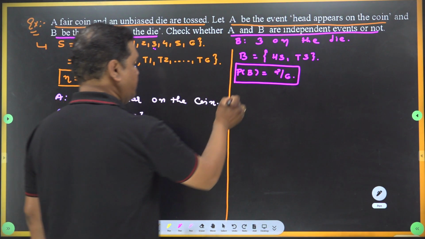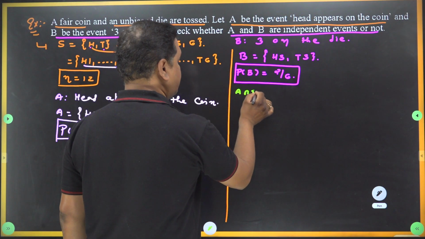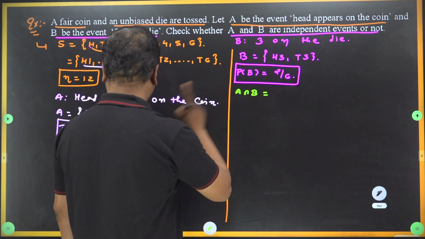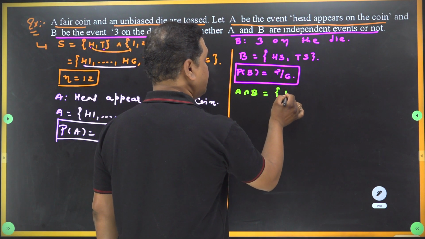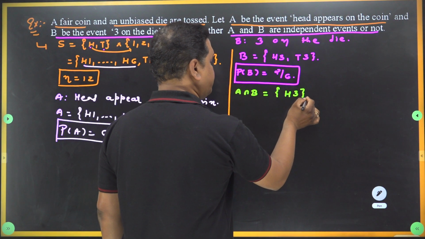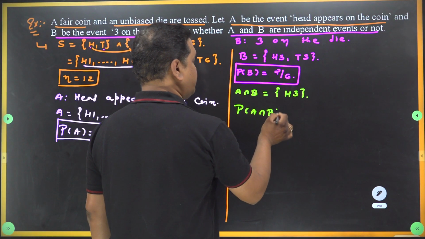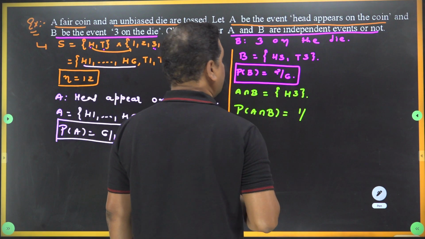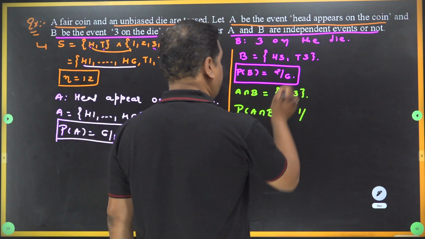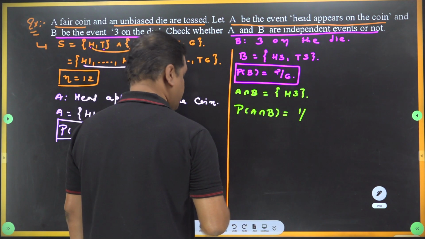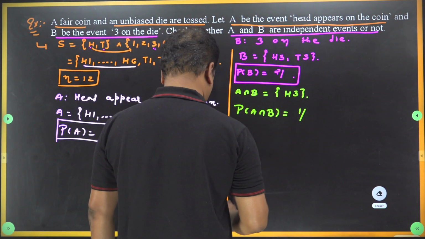So for that A intersection B कर दीजिए. A intersection B, H3. A intersection B, that is 1/12.